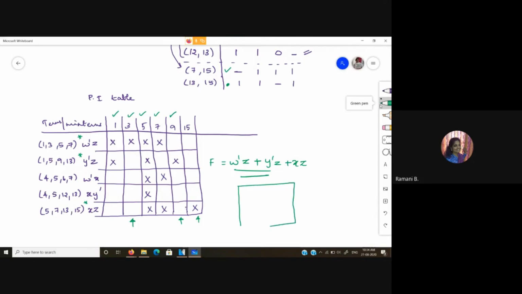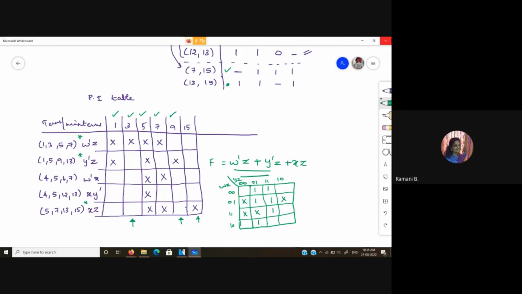If you are drawing the K-map for that, you will have WX, YZ, with 00, 01, 11, 10 along both axes. We have 1, 3, 5, 7, 9 and 15 as the minterms, and the don't cares are 4, 6, 12 and 13.